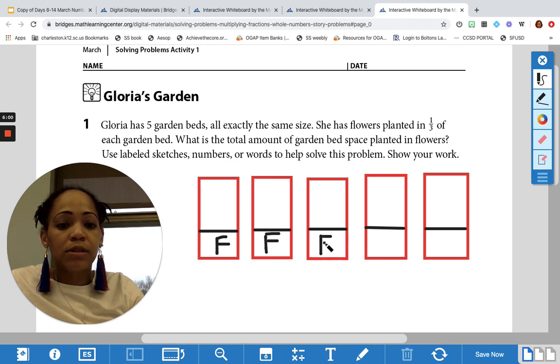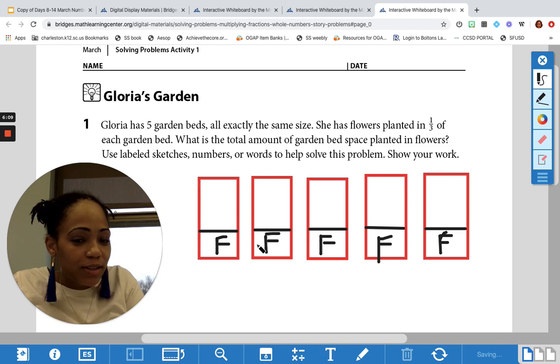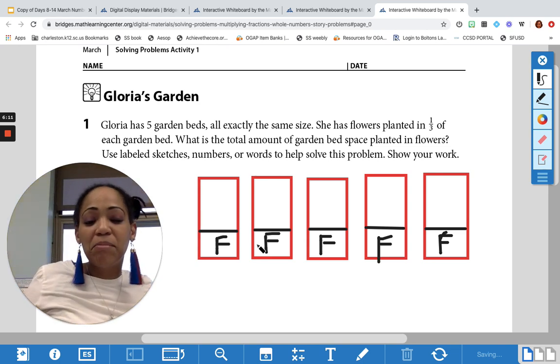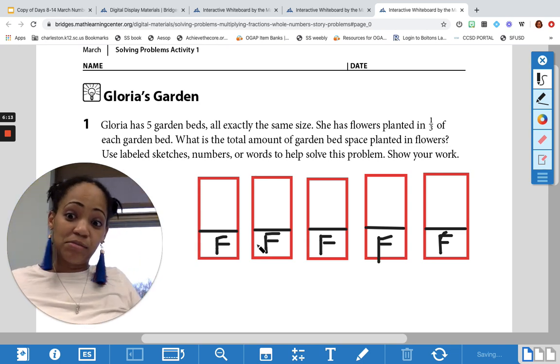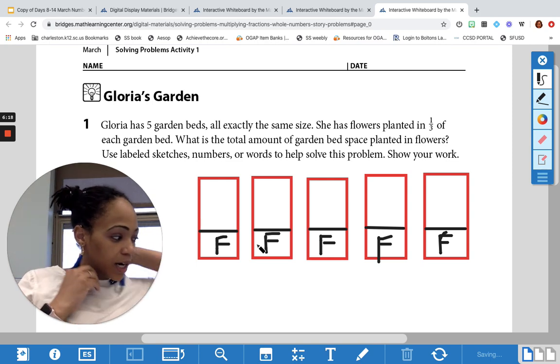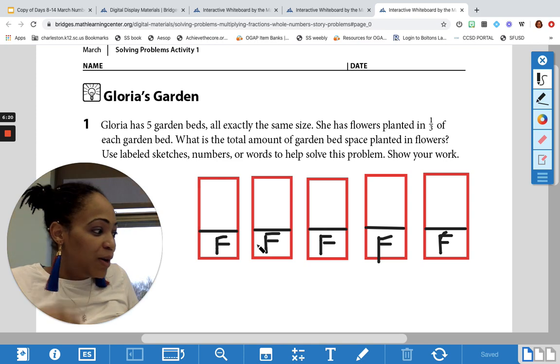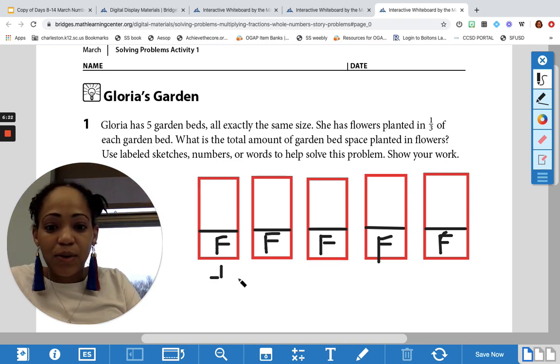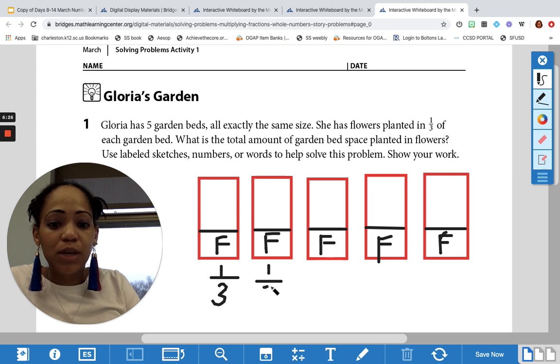My first thought is, why didn't she just plant it in one whole garden bed? But maybe she wanted it to look like it was more flowers. I don't know. Interesting. All right, so let's estimate. What do we think the answer might be? We have 1/3 represented for each one of these garden beds. What might the answer be?